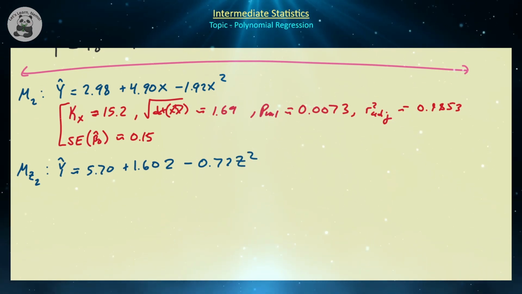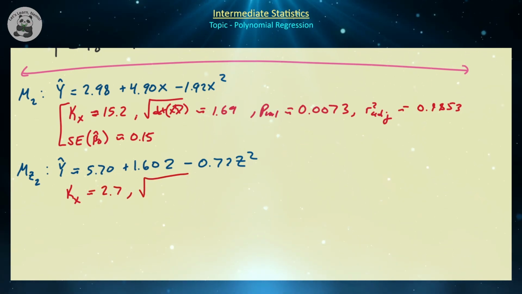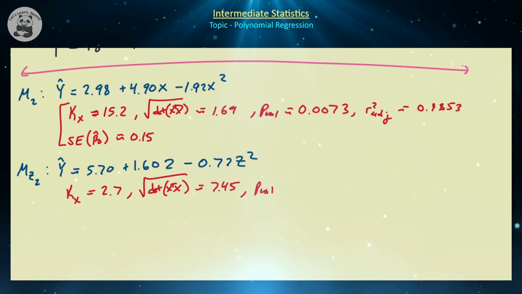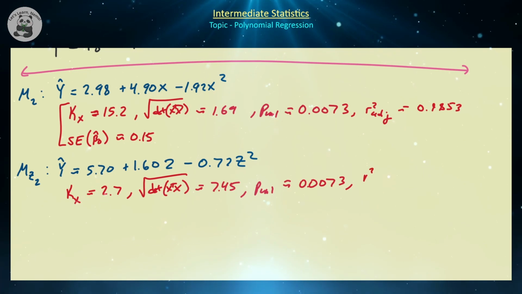For our metrics, the condition number for X, or technically Z, is approximately 2.7. The square root of the determinant of X^T X is approximately 7.45. The p-value is approximately 0.0073, and the associated adjusted r-squared value is approximately 0.9853.